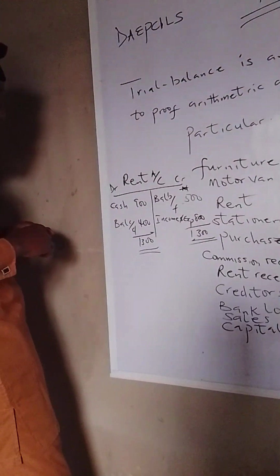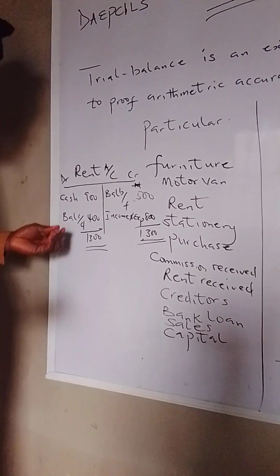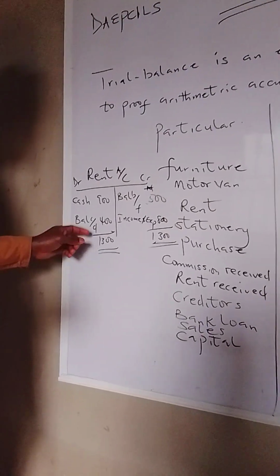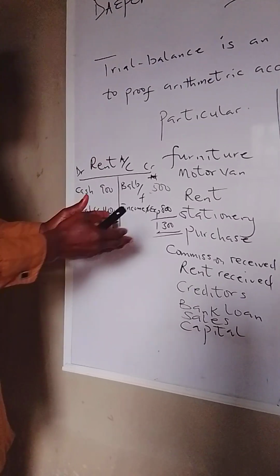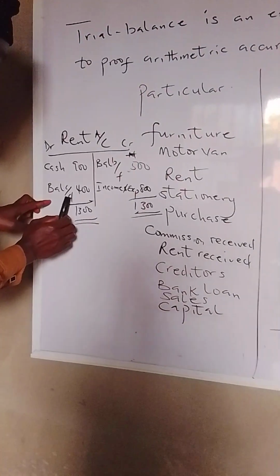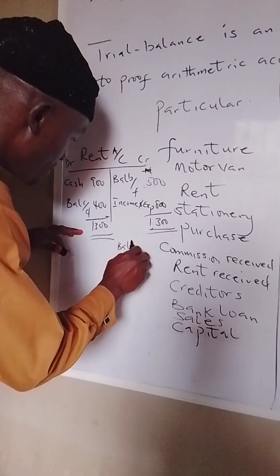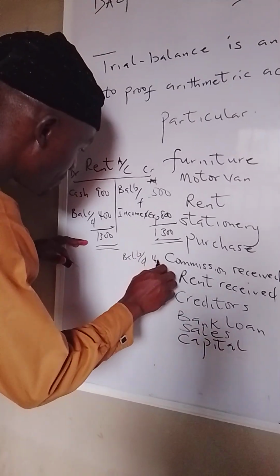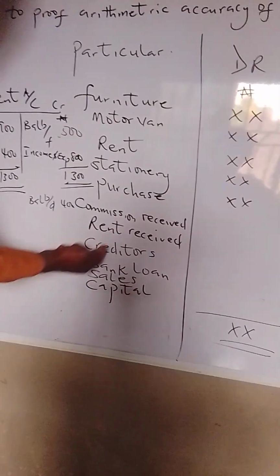Now, assuming we are preparing our trial balance, we want to extract what we get here to our trial balance. This balance carried down, 400 naira, we change it to balance brought down here. So it is this 400 naira that we are going to take to our trial balance.